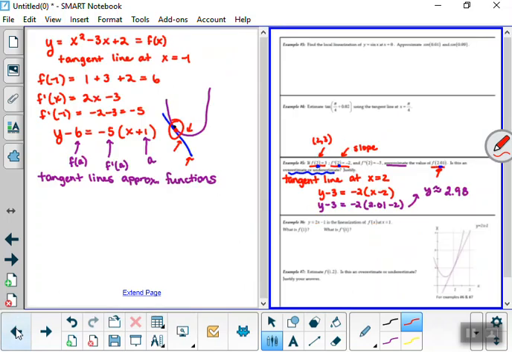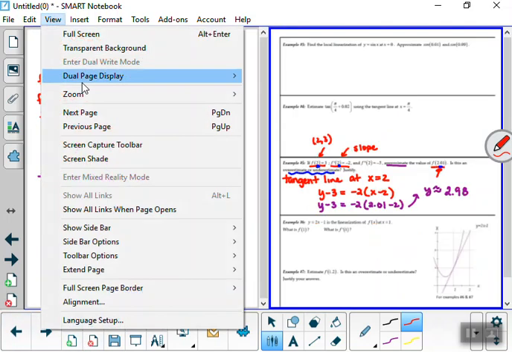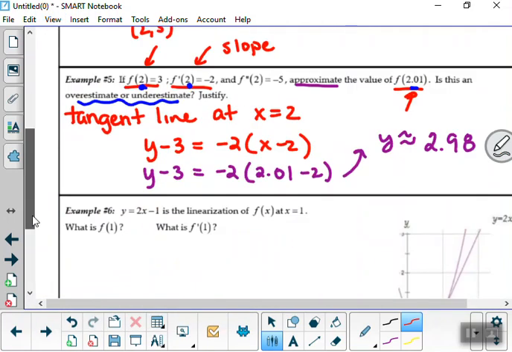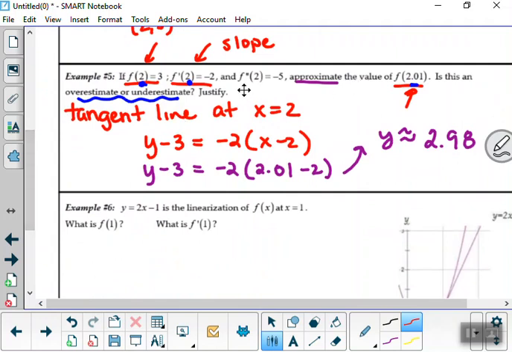So here is, let me undual page this. So here's the trick. F double prime of 2 is negative 5.